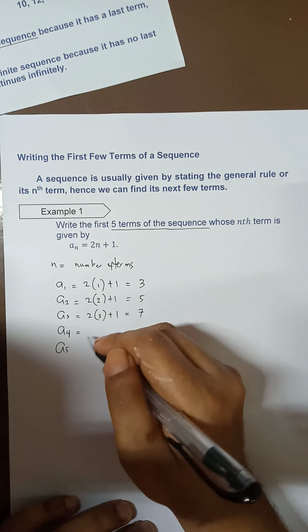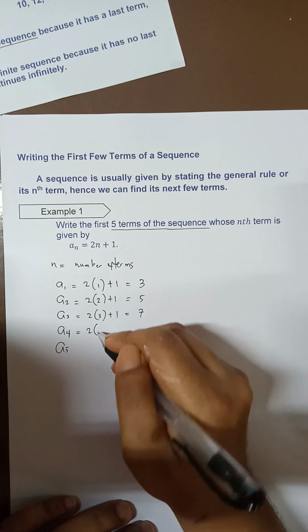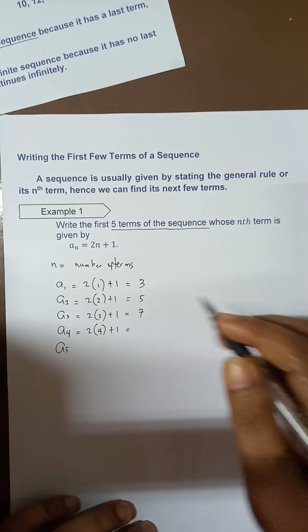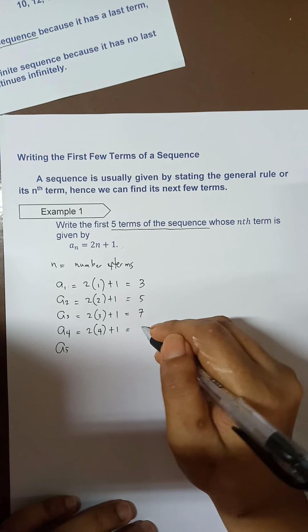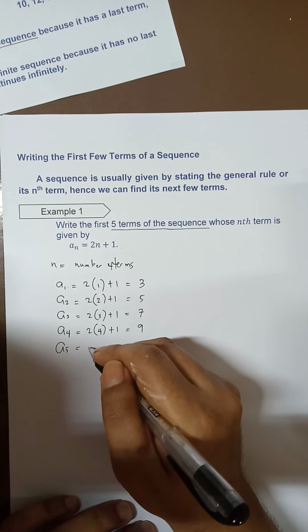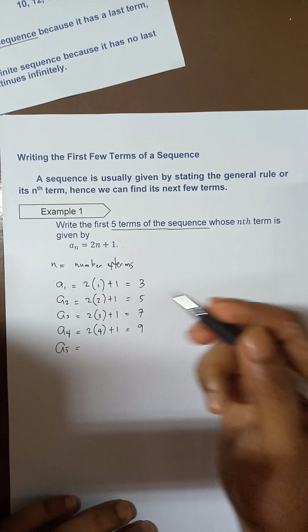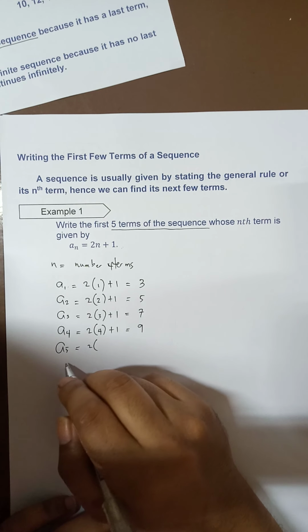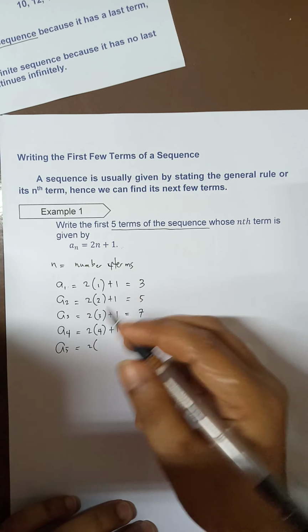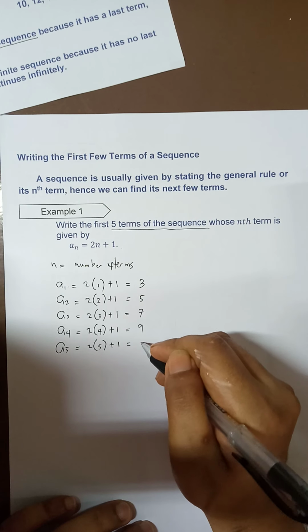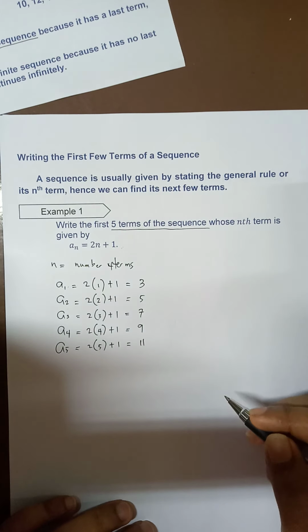A sub 4 is equal to 2 times 4, plus 1, that is equal to 9. And the fifth term, a sub 5, is equal to 2 times 5, plus 1, is equal to 11.